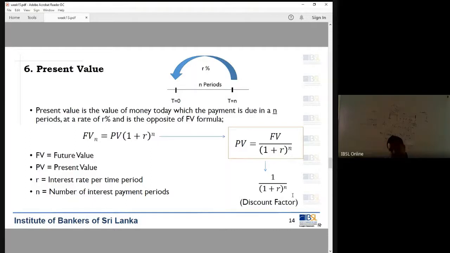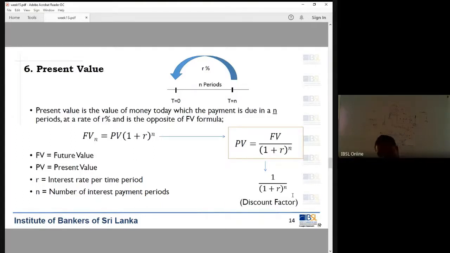So if you know the future value, you divide it by 1 plus r to the power n. Let's say a classic example of 10% for 1 year, and you know the future value is 130. You divide 130 by 1.1, which means 130 after 1 year is equal to 118.18 in current terms.